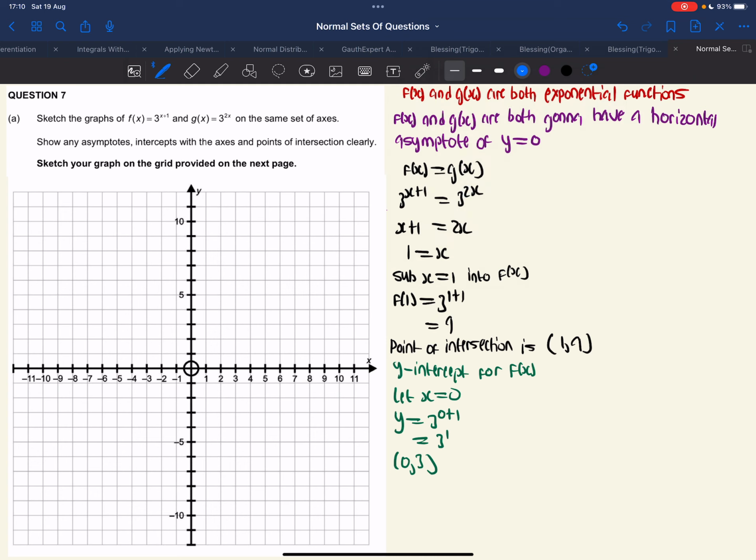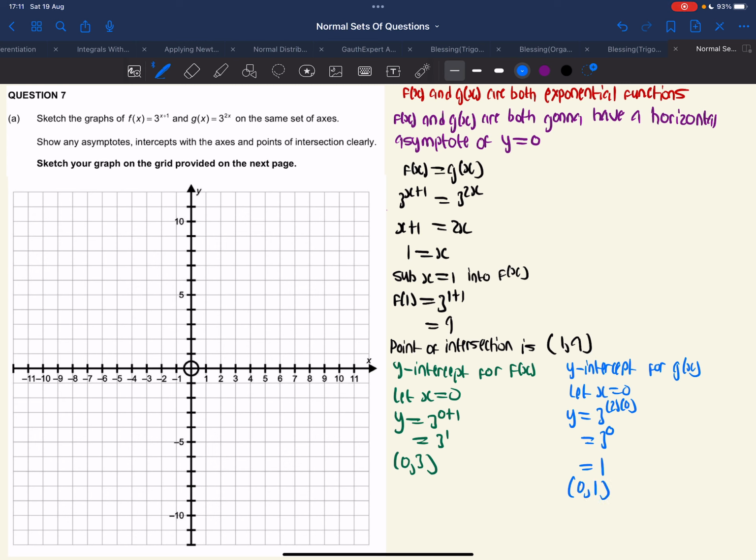Now for the y-intercept of g of x, I'm going to do the same thing. Let x equal 0. Then y equals 3 to the power of 2 times 0. 2 times 0 is 0, and 3 to the power of 0 is 1. So that intercept is (0, 1) for g of x.